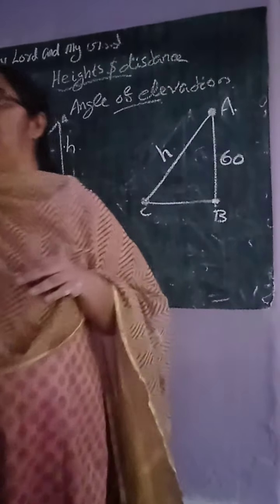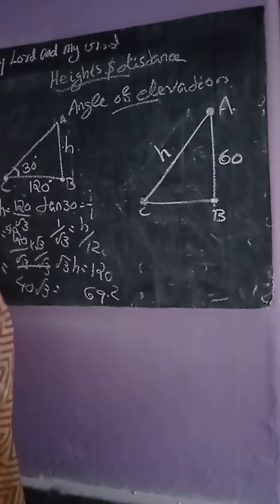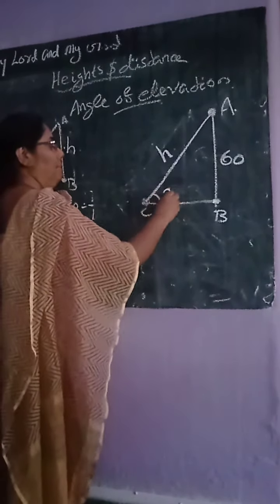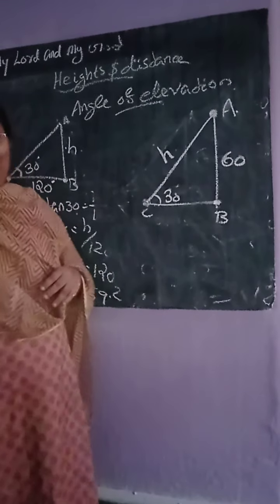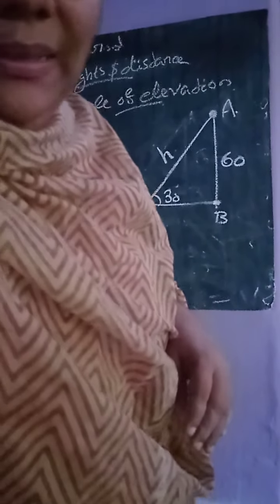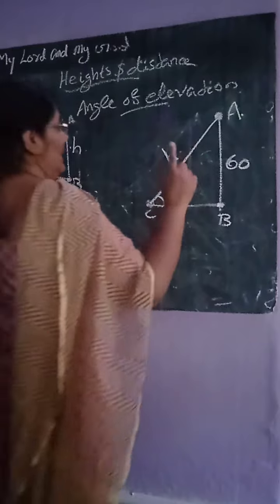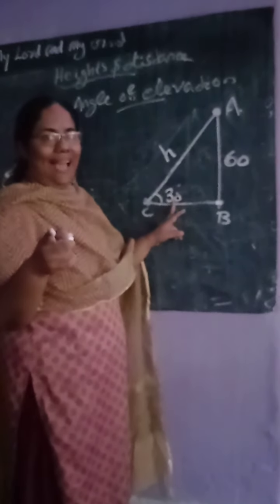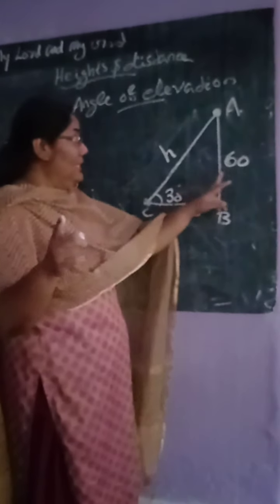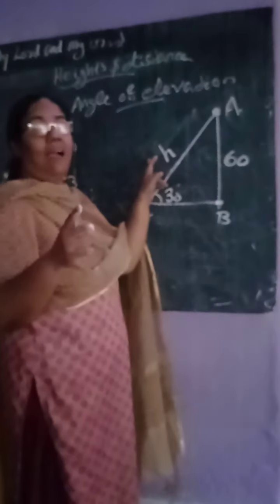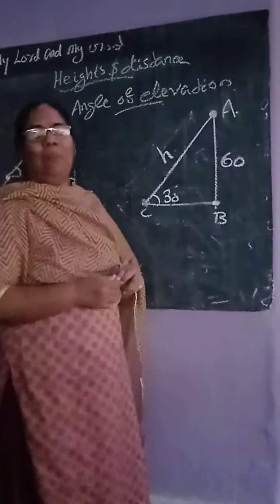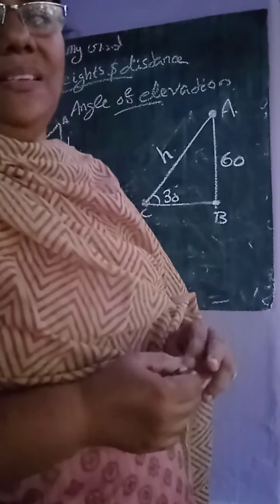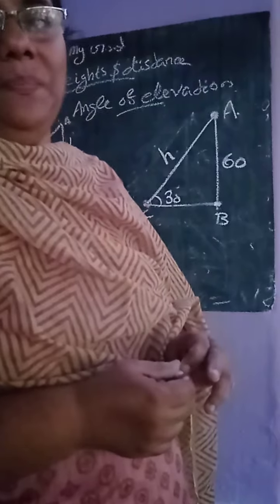Listen. Now, what is the angle given here? It makes an angle 30 degrees. Now, listen. What is the relation connecting the 30 degrees angle, opposite and hypotenuse? Opposite by hypotenuse. Say the answer. What is opposite by hypotenuse? Very good.